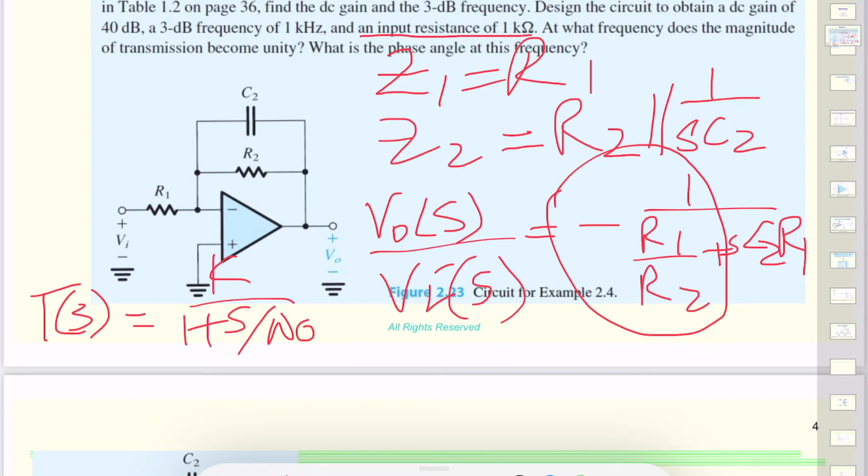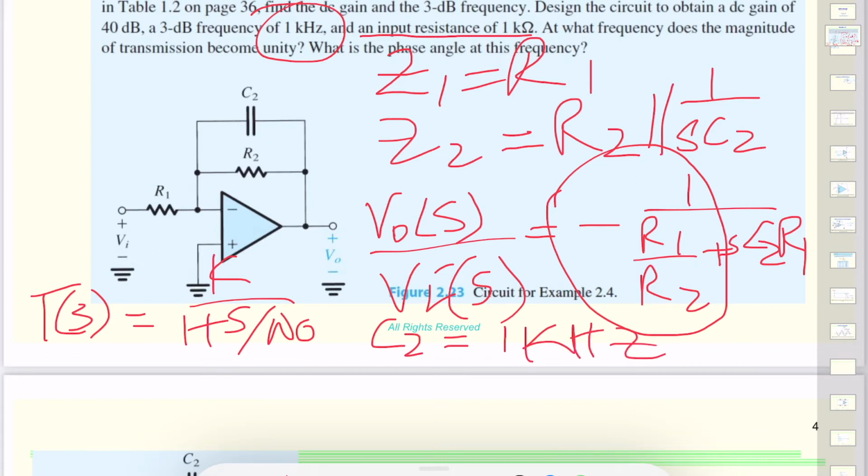And now for the cutoff frequency, we'll have to put 3 dB on left hand side, and that would mean 1 kilohertz, which would translate into 1 times 1000 times 2 pi, which will be equal to 1 over C2 times R2. So that's the straightaway way to find what kind of capacitor we would need to achieve 1 kilohertz cutoff frequency, 1 kilohertz of 3 dB point.